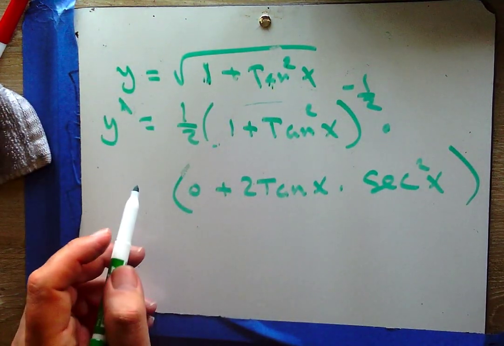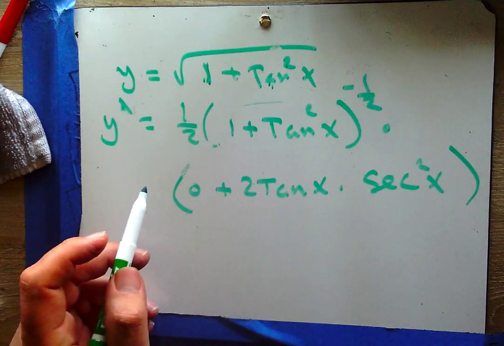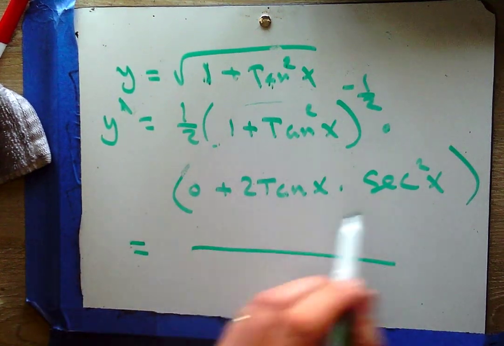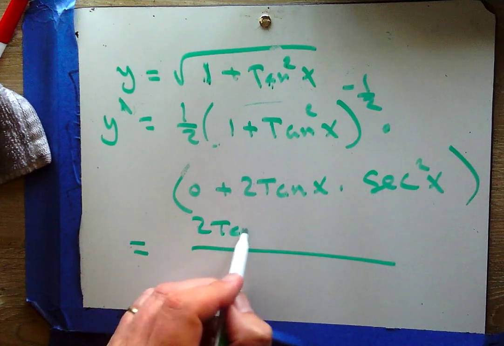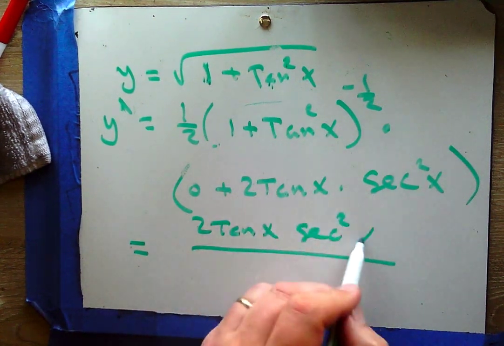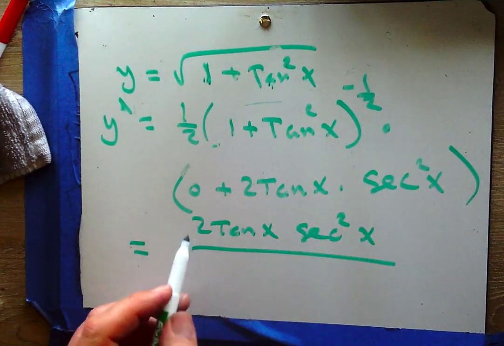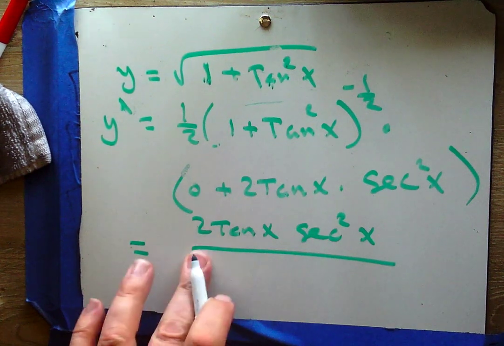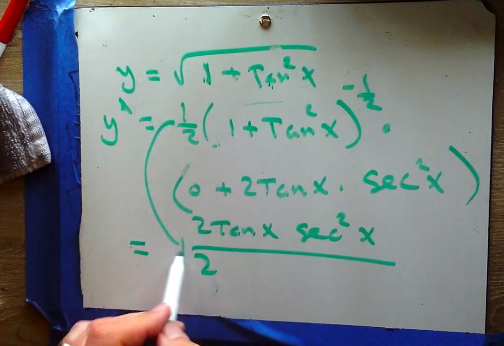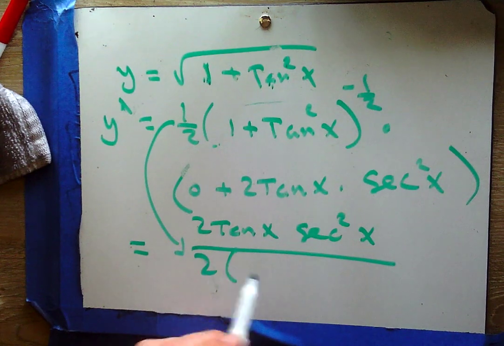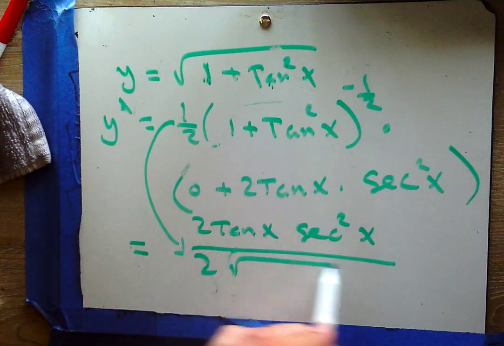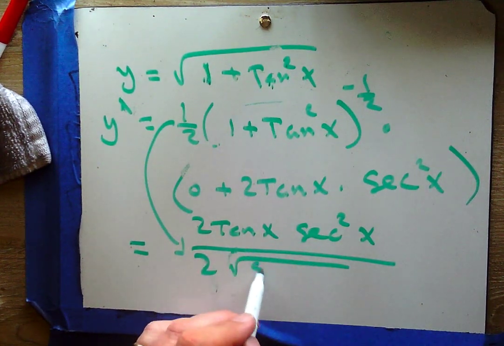All right. So on top, 2 tan x secant squared x. Oh, I only wrote it as secant x. 2, no, yes, 2 from this 1/2. And then we have the square root of 1 plus tangent squared.